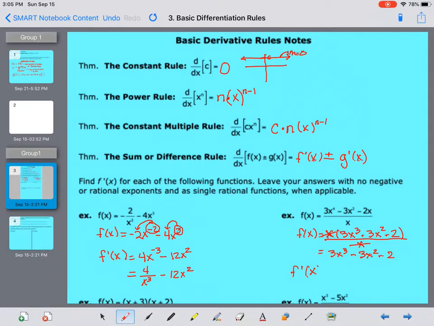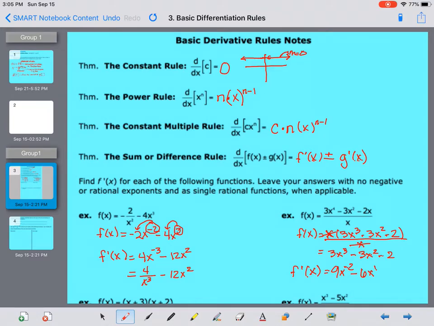So now my notation shows that I'm taking my derivative. First term, that constant multiple rule, so 3 times 3 gives us 9, x, and I'm going to subtract 1, minus, we're keeping the operation, 2 times 3 gives us 6, x, when I subtract 1, I get 1, and then the constant rule says that negative 2 is going to 0.